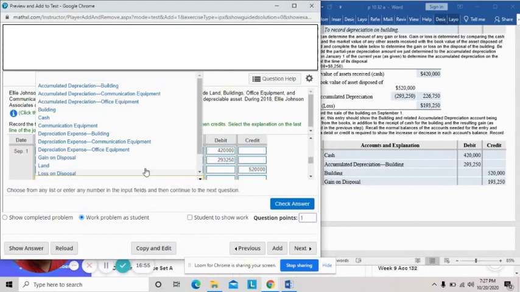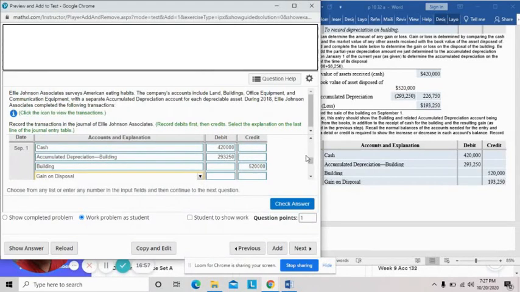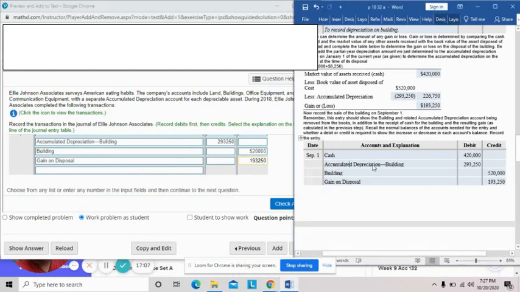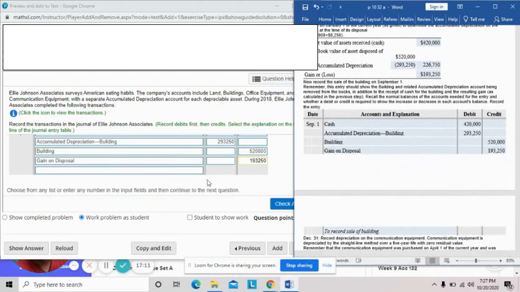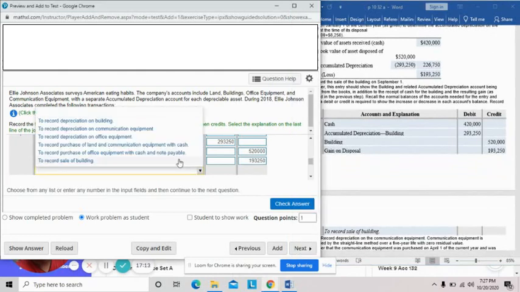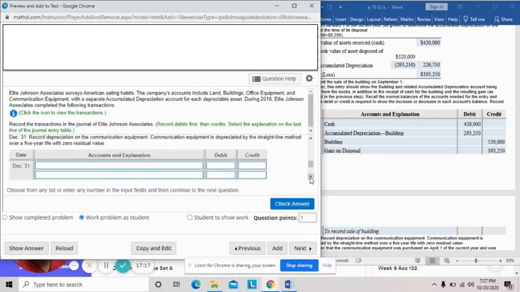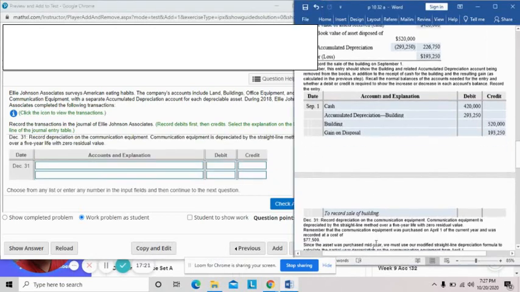And a gain on disposal, as we figured out, it was a gain of 193,250. So the purpose of this journal entry is to record the sale of the building. Okay, on to the next journal entry.